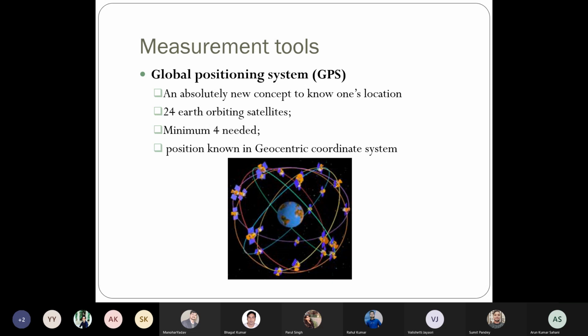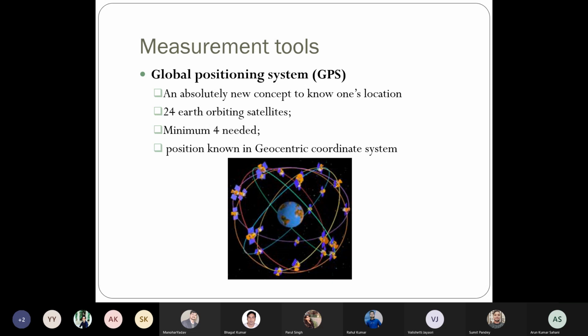If you want to measure a particular point's coordinates using the concept of coordinate geometry, we have already discussed how to define a coordinate system. In the same coordinate system, suppose you have three known points, meaning their coordinates are known, designated P1, P2, and P3.